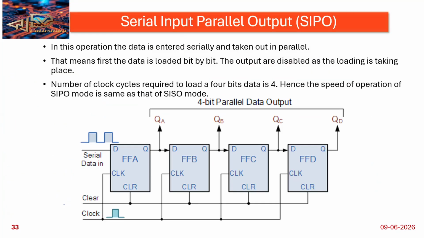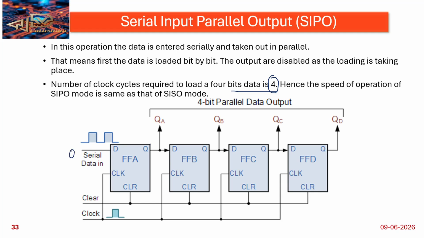This is serial in parallel out. I am giving the input serially. Just 4 clock cycles are required to complete all the data loading. The number of clock cycles required to load your data is 4. The 4-bit data is loaded. Whenever the data is loaded, at that time I get the output, because I am giving the data serially.